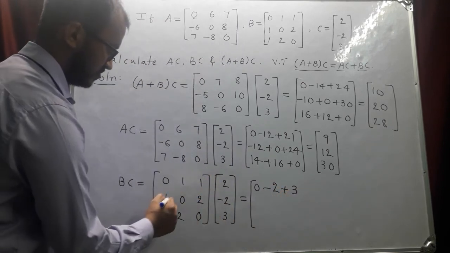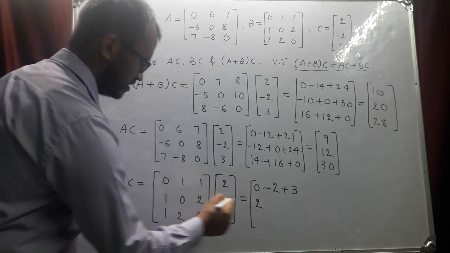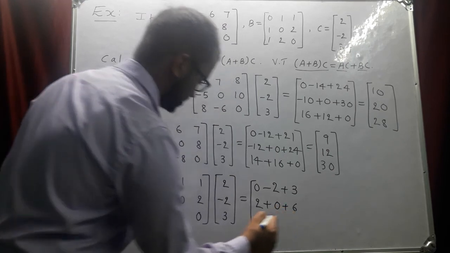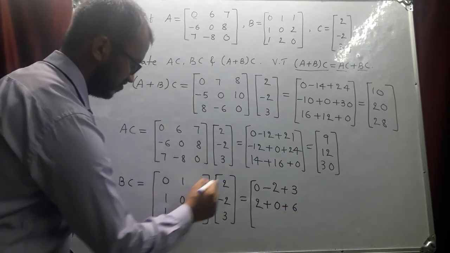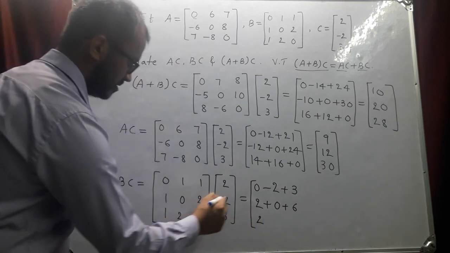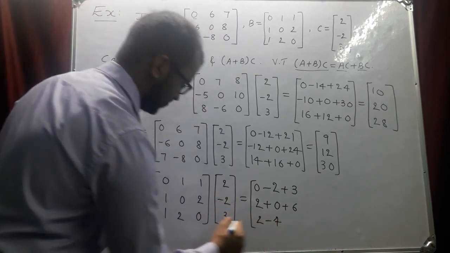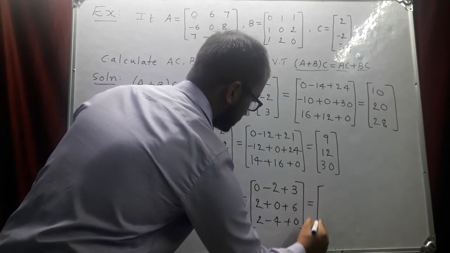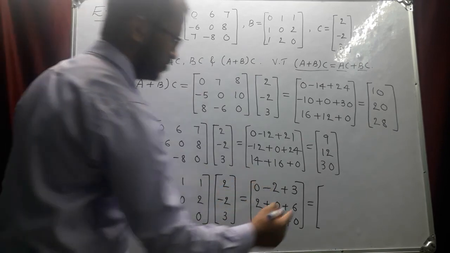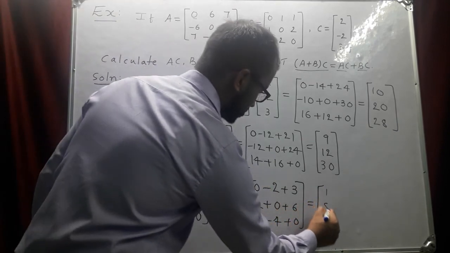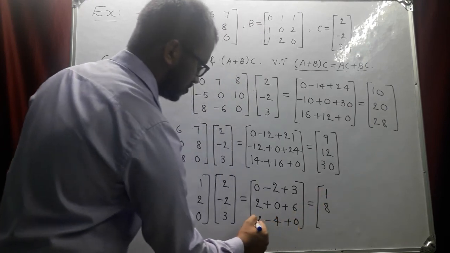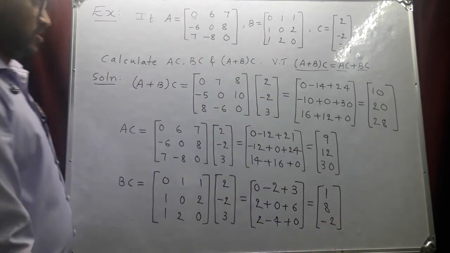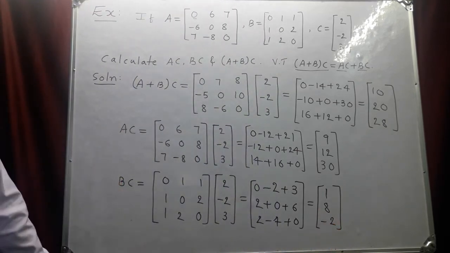Second row, first column, 1 into 2, plus 0, 2 into 3, that is 6. Third row, first column, 1 into 2, 2 into minus 2, that is minus 4, plus 0. If you simplify, 3 minus 2, that is 1, 6 plus 2, 8, 2 minus 4, that is minus 2. So we got the value of AC as well as BC.